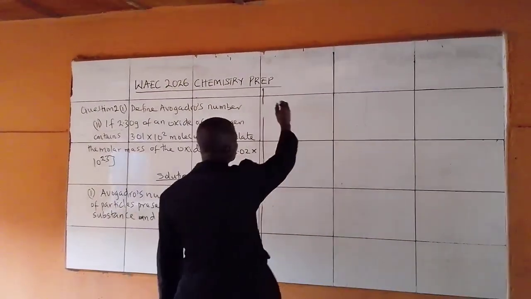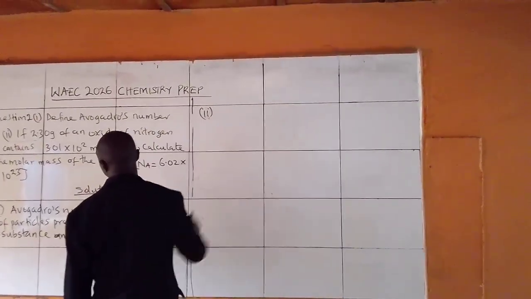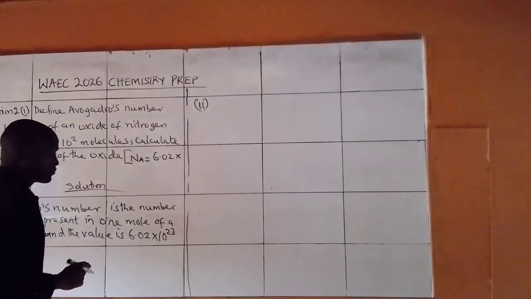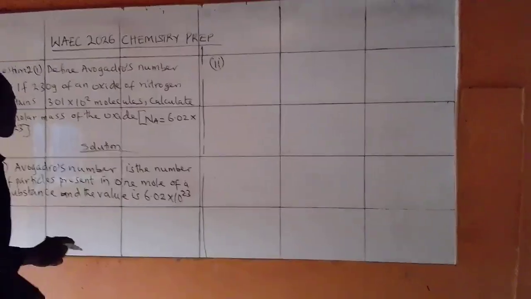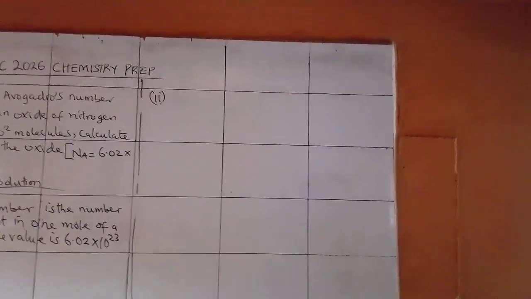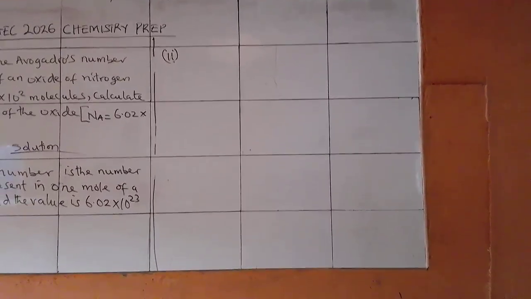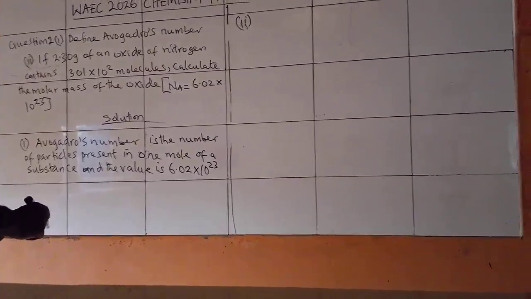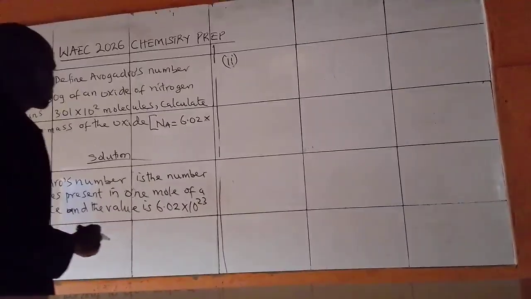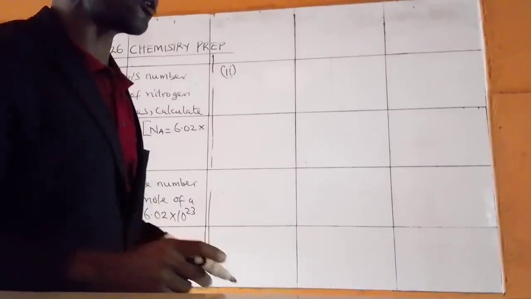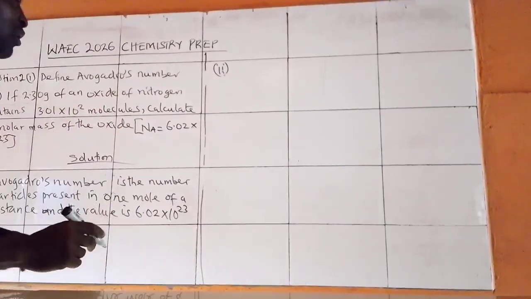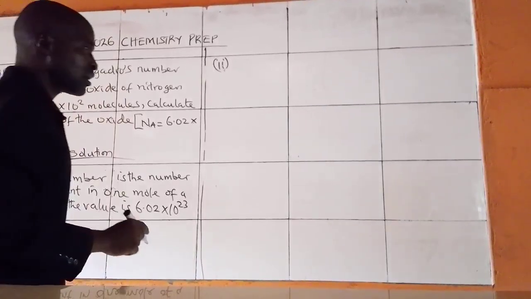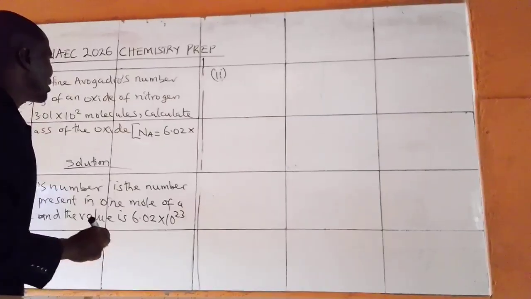Then for Roman figure 2, from the question, if 2.30 gram of an oxide of nitrogen contains 3.01 times 10 raised to power 22 molecules, calculate the molar mass of the oxide. Now, you need to understand what is meant by oxide. An oxide is a compound that consists of oxygen and any other element.